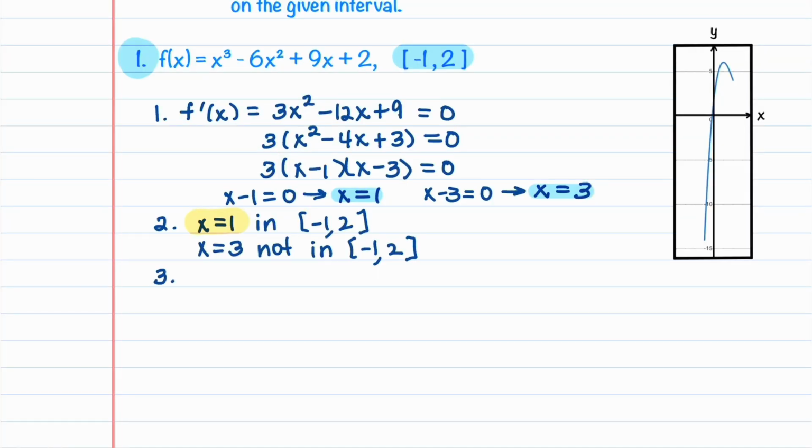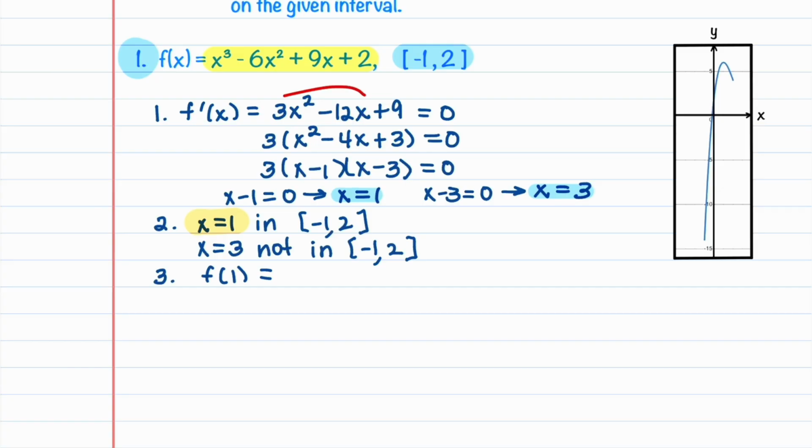Step 3 says that we have to find the value of f at the critical number in the interval and at the endpoints. So we are going to find f at 1. You just go back up to the original function. Let me highlight this in yellow, and we're going to substitute in x equals 1.